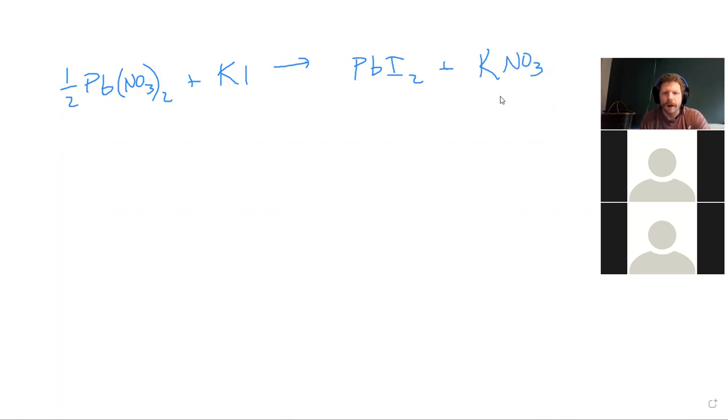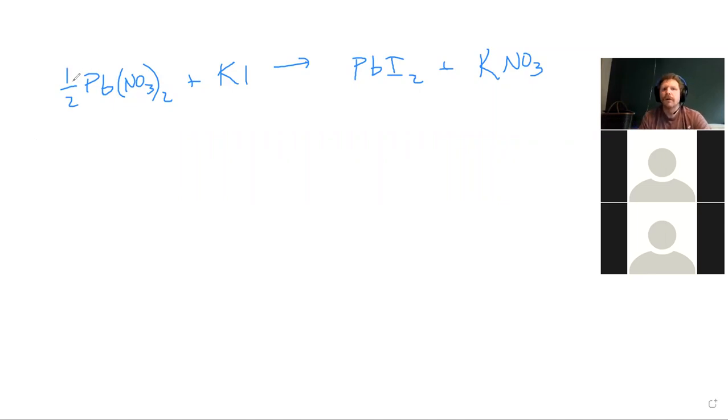Now, this one's a little bit tricky and complicated because you have that 1/2 in front of the Pb(NO3)2. I would argue that anytime you see that 1/2, you should be clued in that something's off, because one of the hallmarks of a balanced chemical equation is that you have whole numbers.